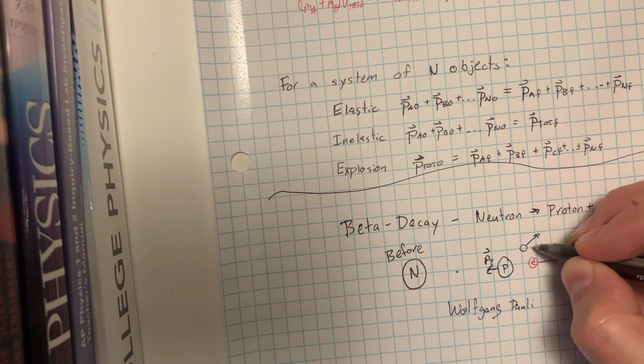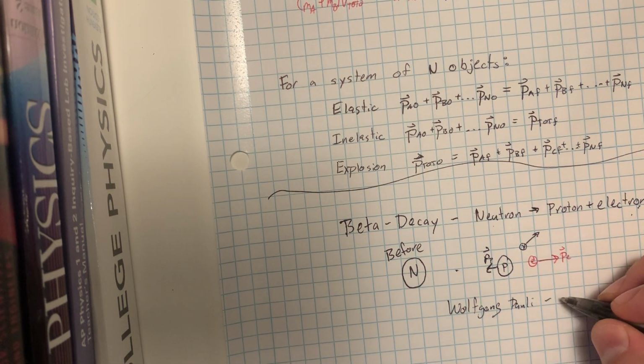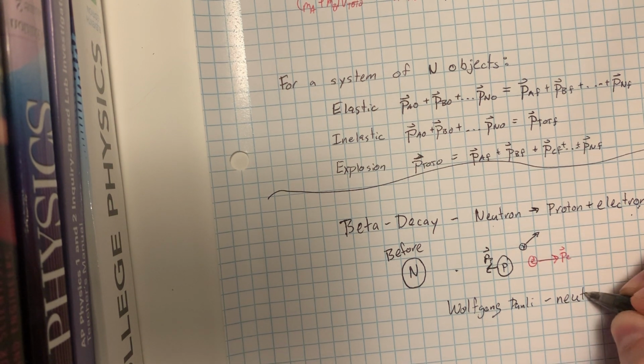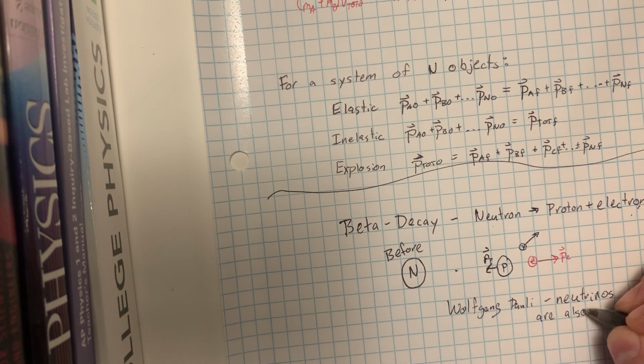So what he came up with was a new particle. He said neutrinos are also created. Now, here's the thing. Back then, they had bubble chambers and cloud chambers.